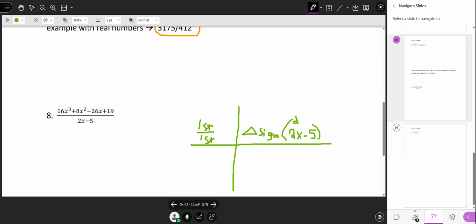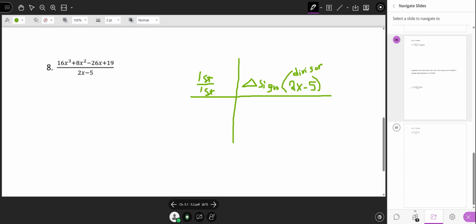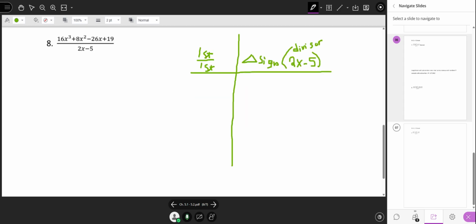So your divisor, the thing that you're dividing by. Now, when it's set up like a fraction, your divisor is on the bottom. When it's set up like a long division, your divisor is in front.